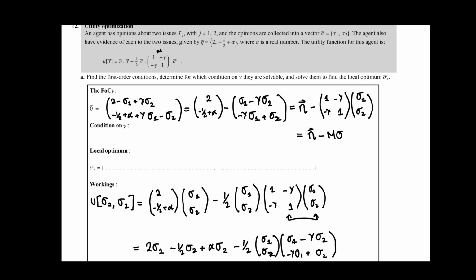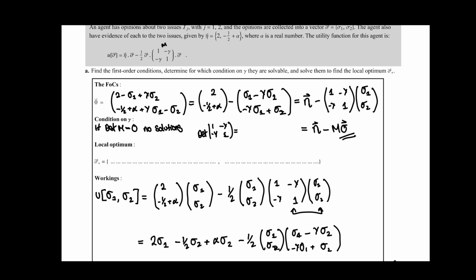So our first order conditions would be η minus the matrix M, so I'm going to call this M, and then the vector σ. Now we need to determine for which conditions on y that they are solvable. So if the determinant of the matrix M is equal to 0, there will be no solutions. If we now work out the determinant, we get 1 minus y squared is equal to 0.